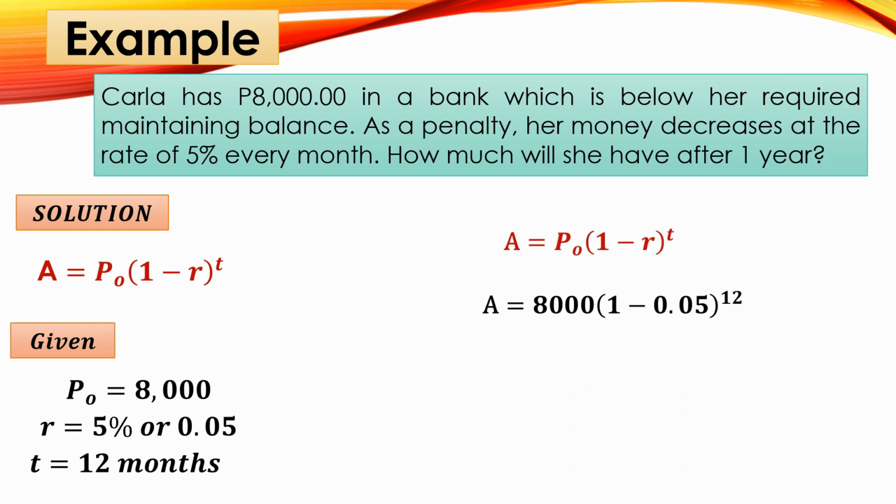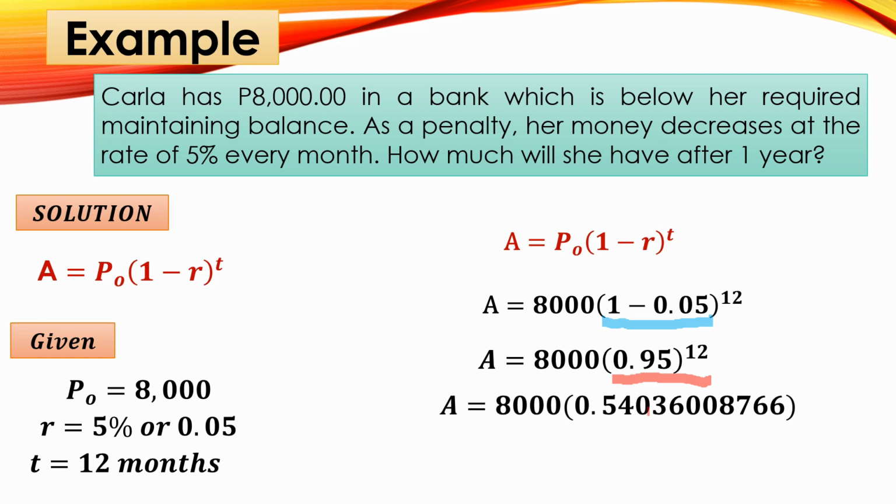So let us substitute. So 8,000 times 1 minus 0.05. Minus nyo muna tong dalawa na to. That's why the answer is 8,000 times 0.95 raised to 12. Then, get the raised to the 12 power.